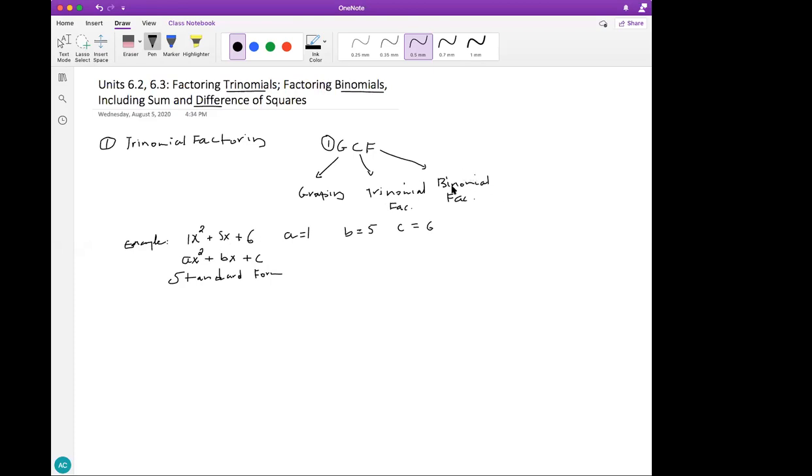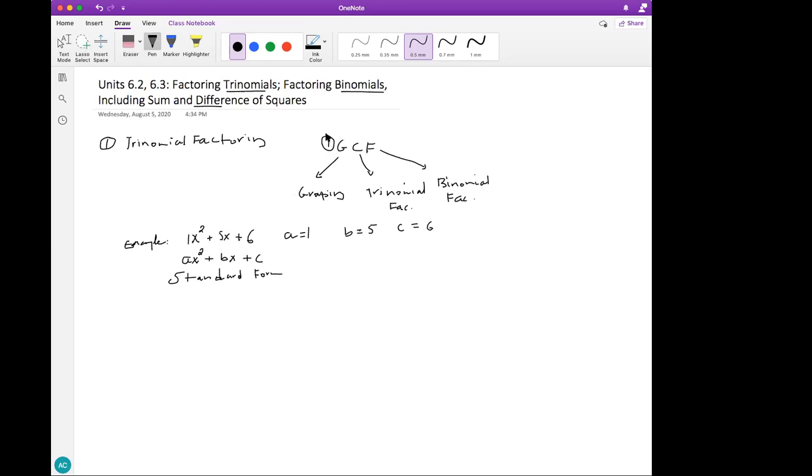If this was a binomial with 2 terms, we would try binomial factoring, either with the GCF or with what we call the difference of 2 squares, which we're going to explain later. And grouping, as we saw last time, involves 2 groups of usually the same number of terms, either groups of 2 or groups of 3. So we factor each group first, and then after that we see something common between the resulting terms.